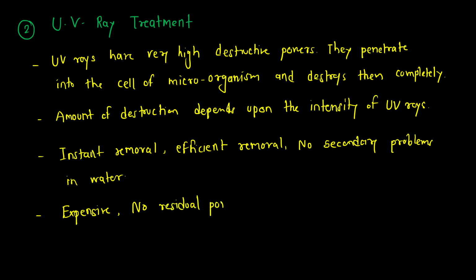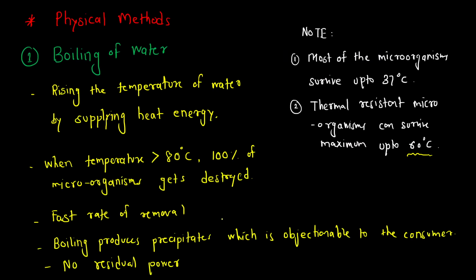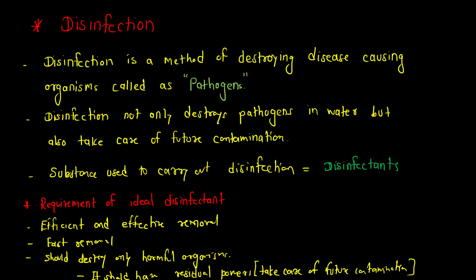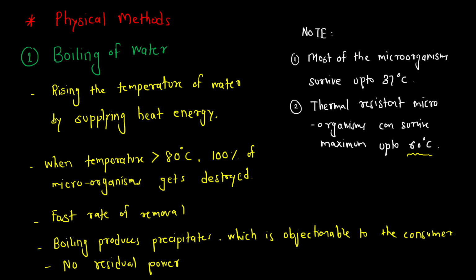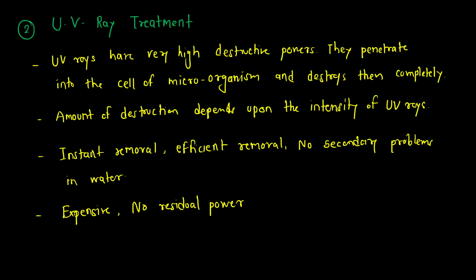If you want to understand what this residual power is, you can see the previous videos of disinfection, where I have explained the meaning of residual power. That is the power given by the disinfectant to prevent further contamination. You can watch the previous video and you will get the idea about this.